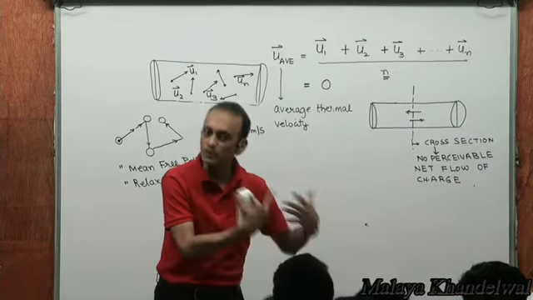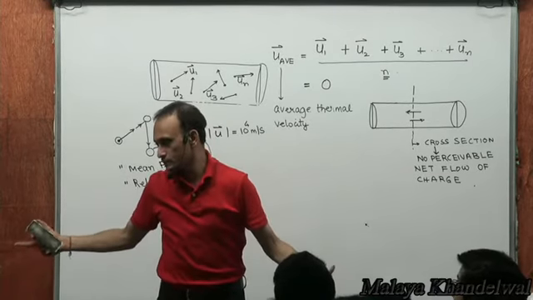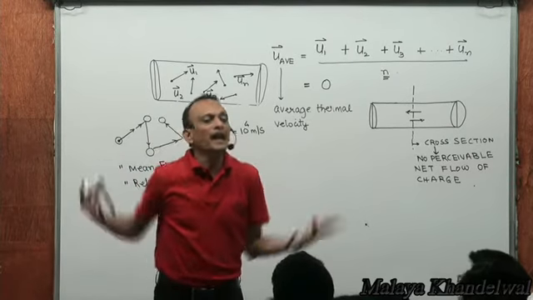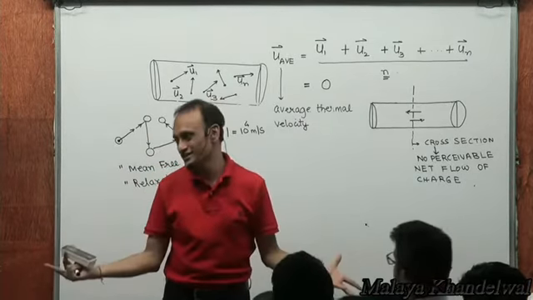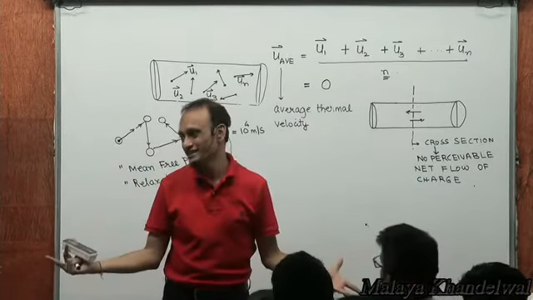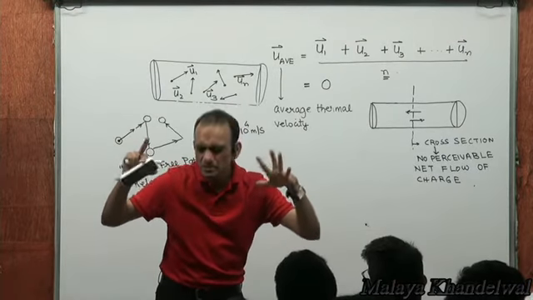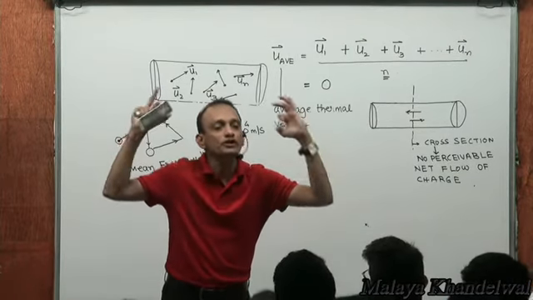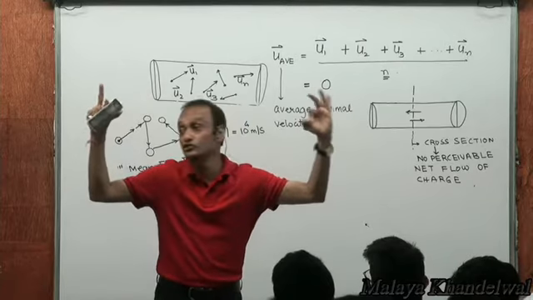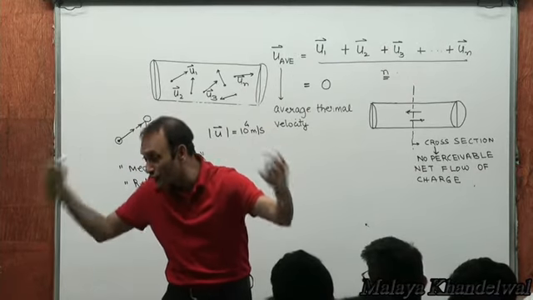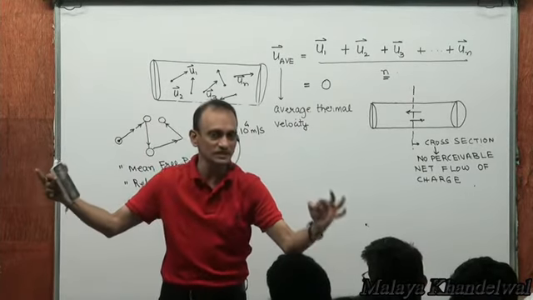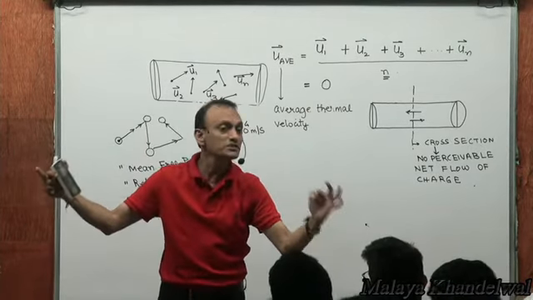They have velocities in all possible directions, and therefore the net velocity has no direction. The average thermal velocity is 0. The magnitude of the thermal speed on an average typically is of the order of 10 to power 4 meters per second, which is very high, but useless, right?